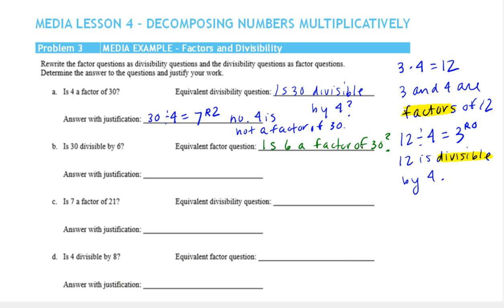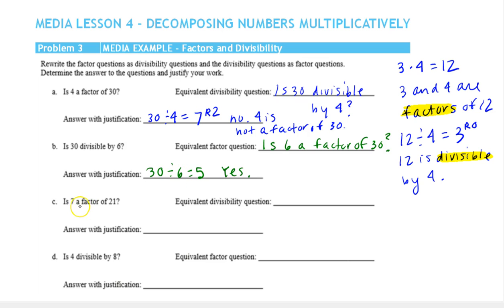So we can use division to check this. If we divide 30 by 6, it goes in exactly 5 times with no remainder. So we would say yes. 30 is divisible by 6 because it divides in without a remainder. Okay, so I'm using this as my justification.